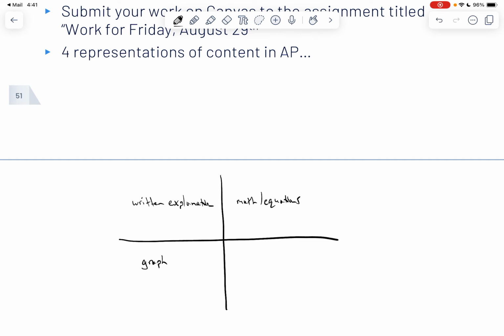And then the last thing is, is there some other sort of diagram we can come up with that's going to be able to model that particular phenomenon? So just try to keep these 4 things in mind as you're going through that brainstorm. See if you might be able to come up with a couple of things in each of these different categories that might be able to describe constant velocity.